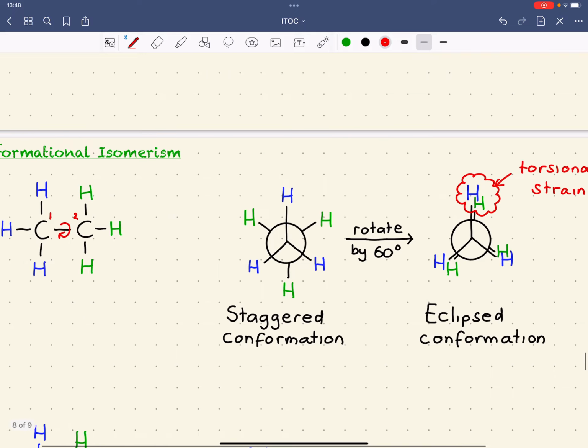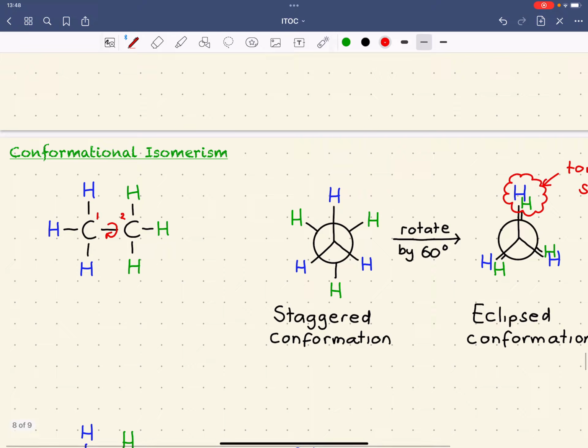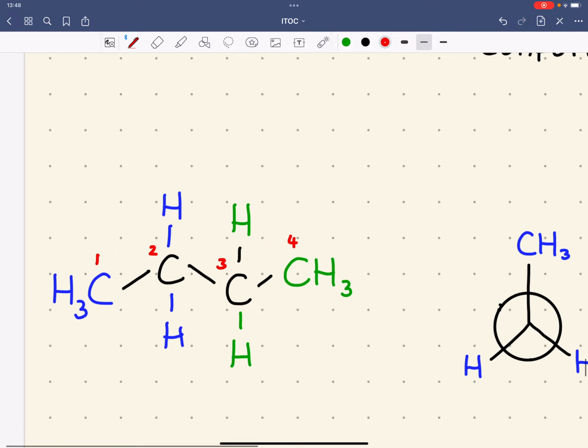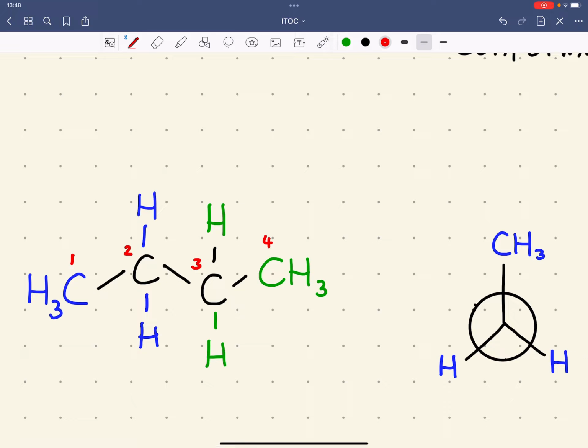So that's ethane. We can adopt the similar principles for looking at the different conformations in a slightly more complex molecule, and here we're going to look at butane. And now we're going to look along the bond between carbons 2 and 3. So we're going to be looking in this direction along the carbon 2-3 bond.